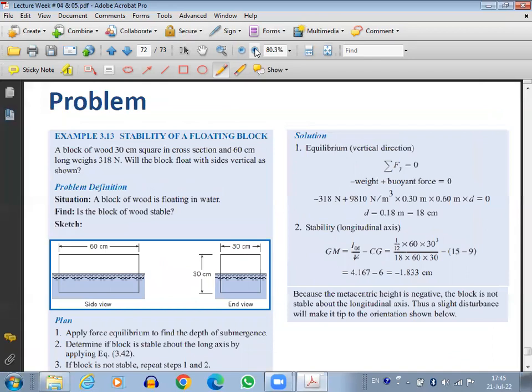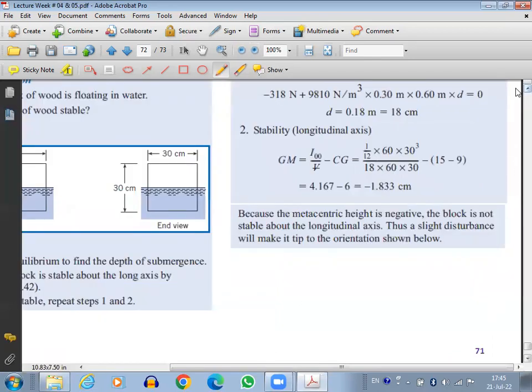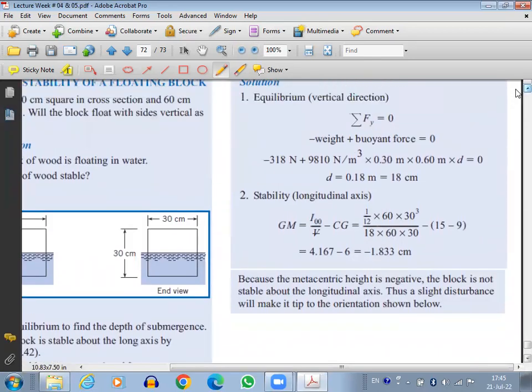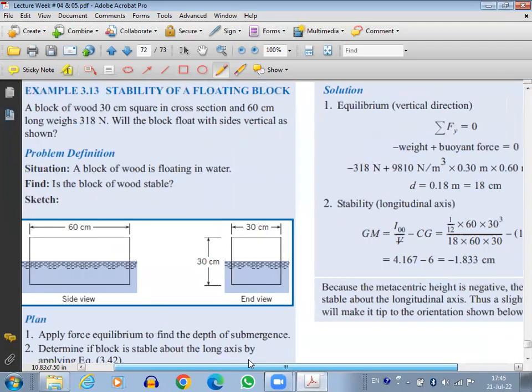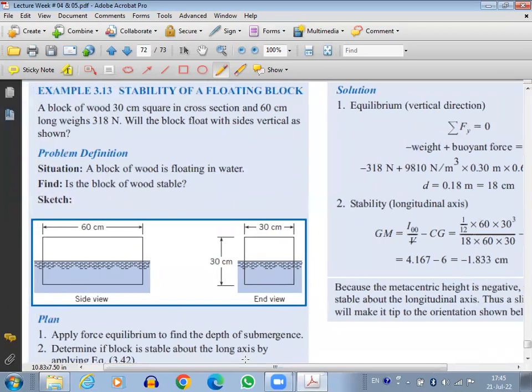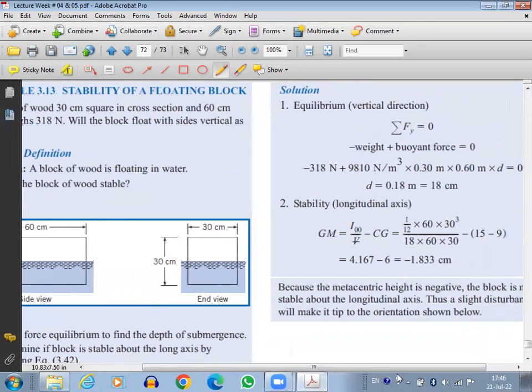In order to find it, since I know the dimensions of the block, it's basically 30 centimeter by 30 centimeter, and the length is 60 centimeter. Since it is floating in water, for equilibrium of forces, summation Fy will be equal to 0. So weight will be equal to the buoyancy force. The weight of the block is provided, 318 Newton.